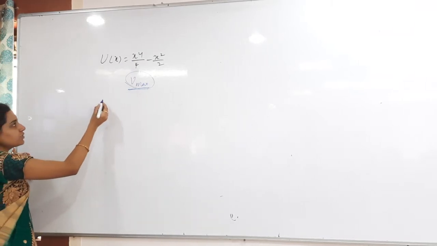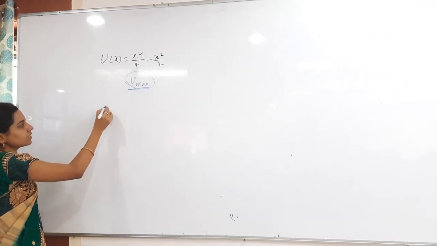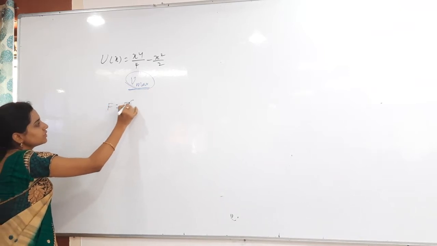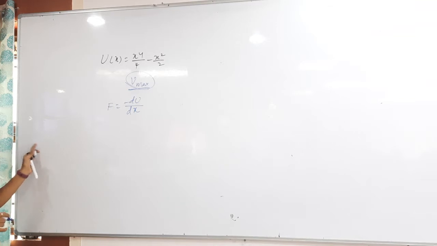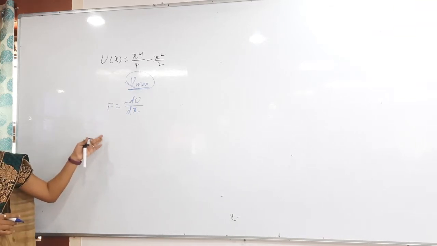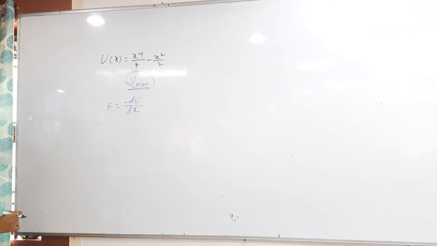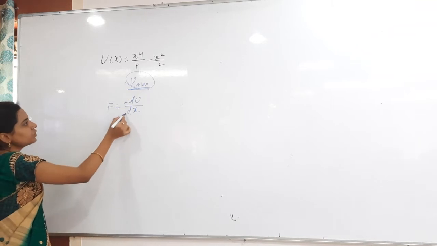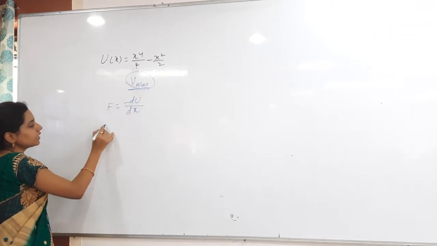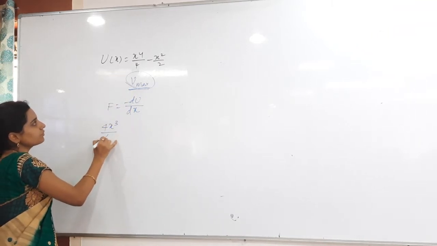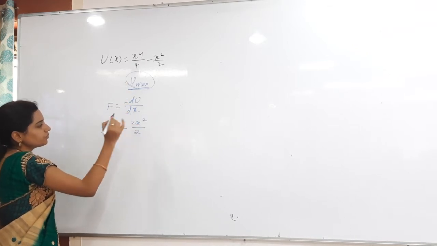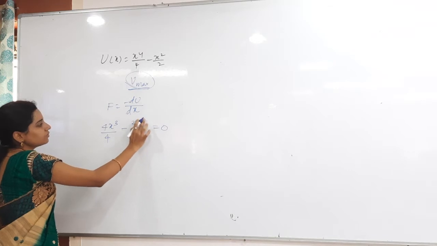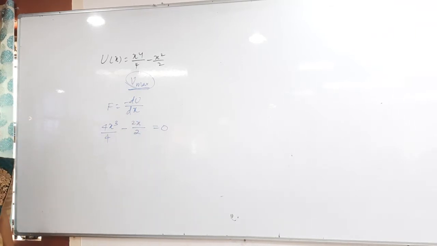Whenever it is acted on by conservative forces, F = minus dU/dx. First of all you have to find the position where it is in equilibrium. For that, minus dU/dx: if you do the differentiation, you get 4x^3/4 minus 2x/2, equals 0.